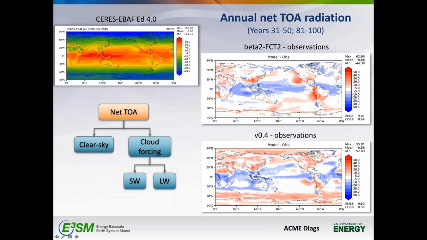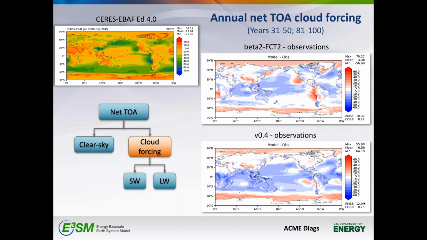We had large biases over land that have been reduced, but there have been various other tropical biases that have come. The largest degradation is related to the stratocumulus region here, where we have insufficient reflection from stratocumulus cloud. And this has been a known problem in the V1 atmosphere. Looking at the score, we have an RMS of 9 versus 9.6 with V0.4, so there is a slight improvement.